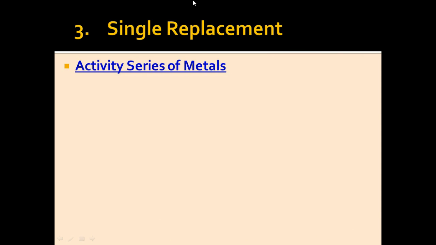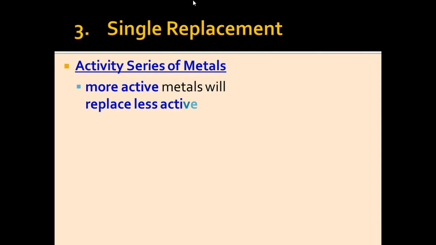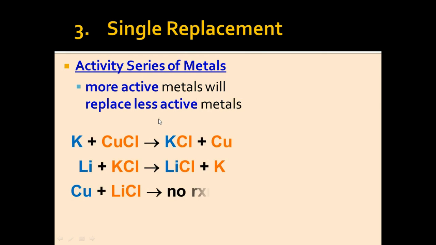Then we have single replacement, but the important part about this reaction is that the more active metals will replace less active metals. In these examples, we can see that there's an element here that replaces this one and forms this thing.